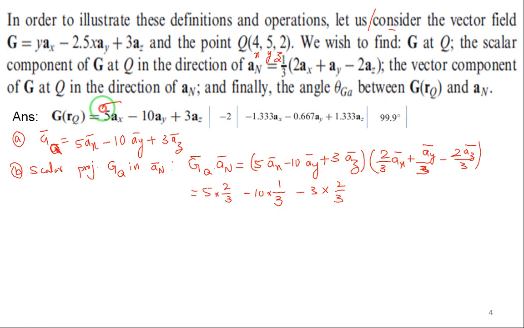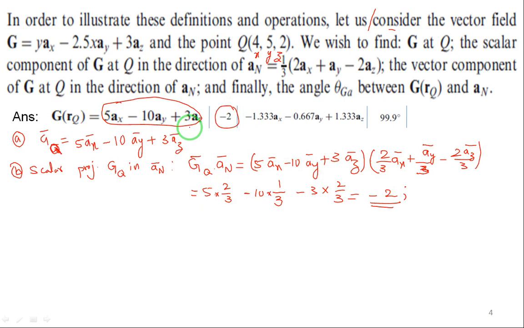Multiply and simplify, and you will get minus 2. After simplifying, we get minus 2. So part B is over.